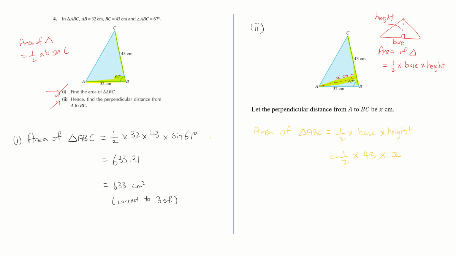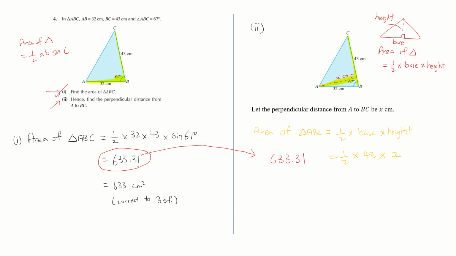But take note, earlier on, we also found the area of triangle using our half AB sine C, which is this value over here. Since they are both the area of triangle ABC, they must be of the same value. No matter how you calculate it, it should be the same value, which means that I can put my 633.31 over here.